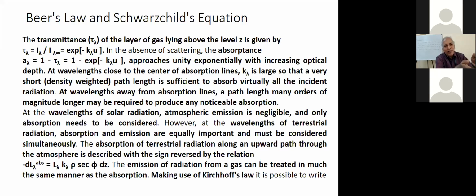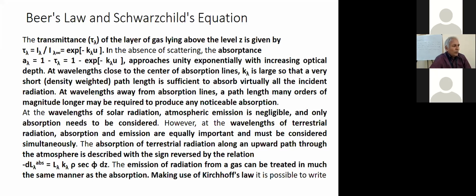As we have seen from conservation of energy, absorptivity plus reflectivity plus transmittivity is equal to 1. Here there is no scattering, no reflection, so absorptivity plus transmittivity should be equal to 1. So absorptivity should be equal to 1 minus the transmittivity, which is the transmittance.